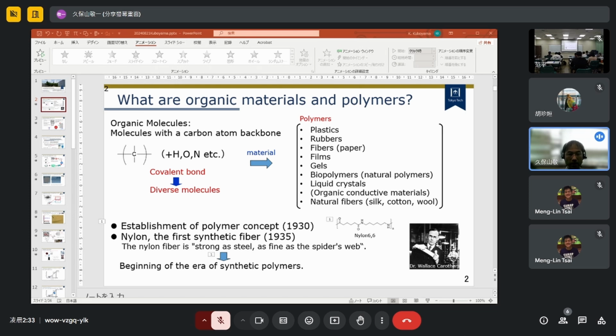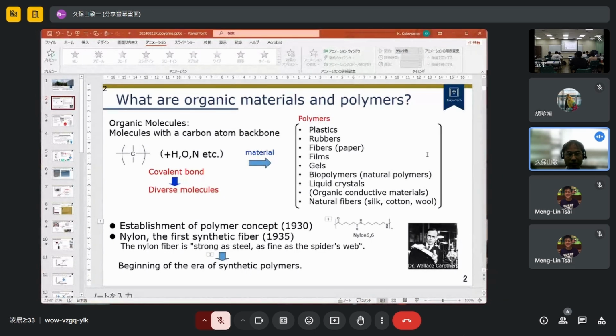The establishment of the polymer concept was around 1930, and in 1935, the first synthetic polymer was synthesized. That is nylon. And that is the beginning of the era of synthetic polymers.